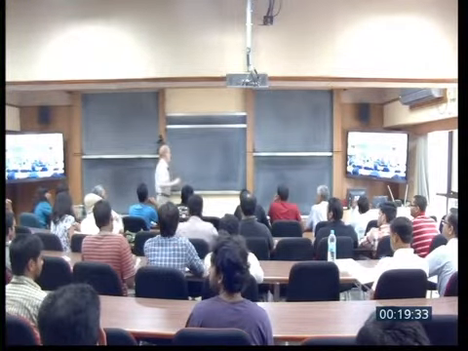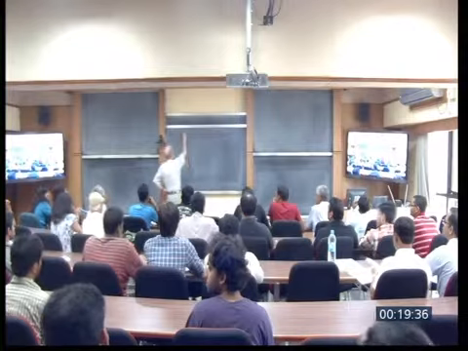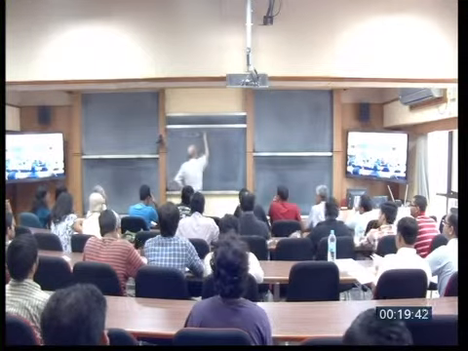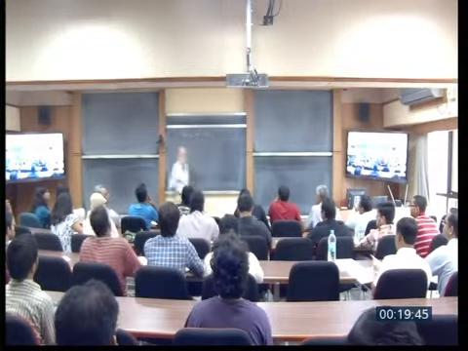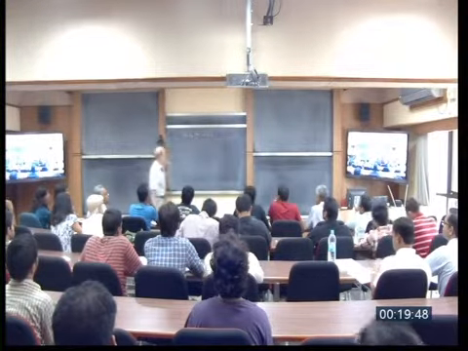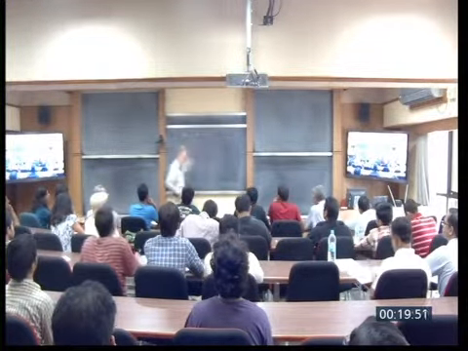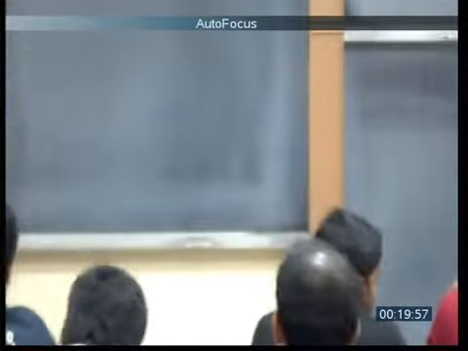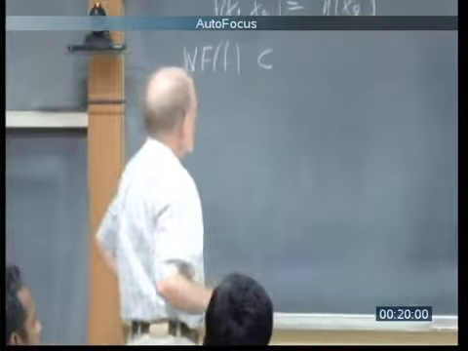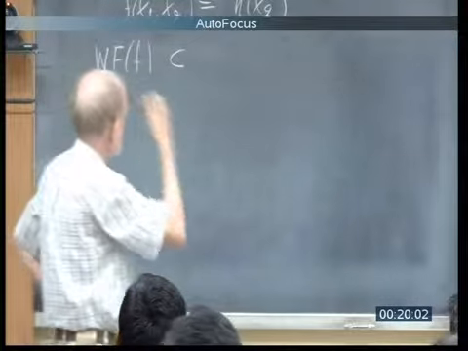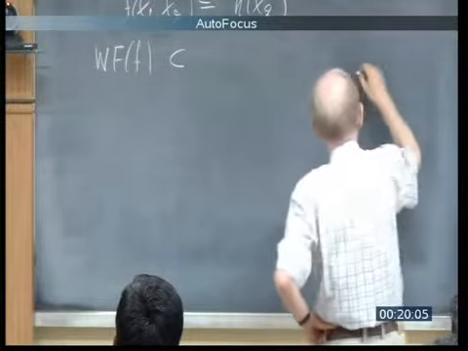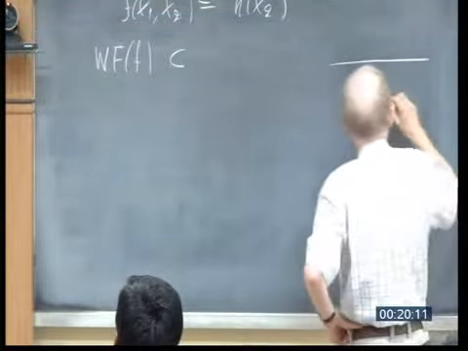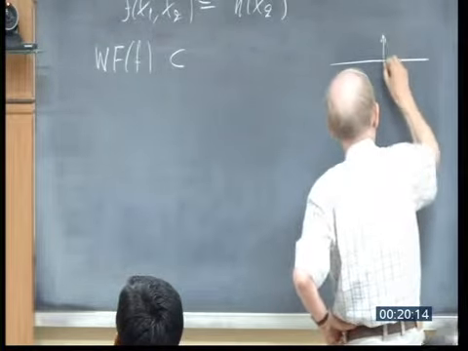We said that if a function of two variables depends just on one variable, f(x1, x2) = h(x2), where h is a function of one variable, then the wavefront set of f can only contain vertical elements like that.